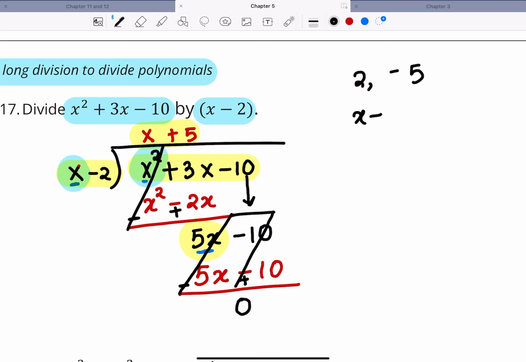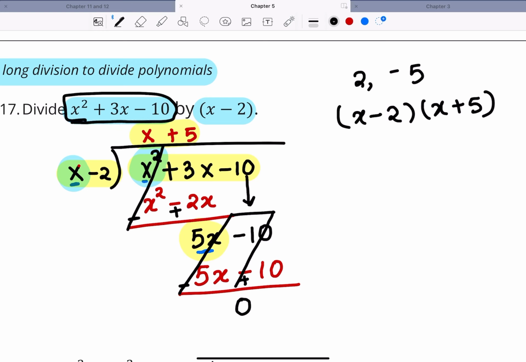That means my factors are x minus 2 and x plus 5. So when I divide x squared plus 3x minus 10 by x minus 2, I end up with x plus 5. If I divide x squared plus 3x minus 10 by x plus 5, I end up with x minus 2. So that's another way to cross-check.